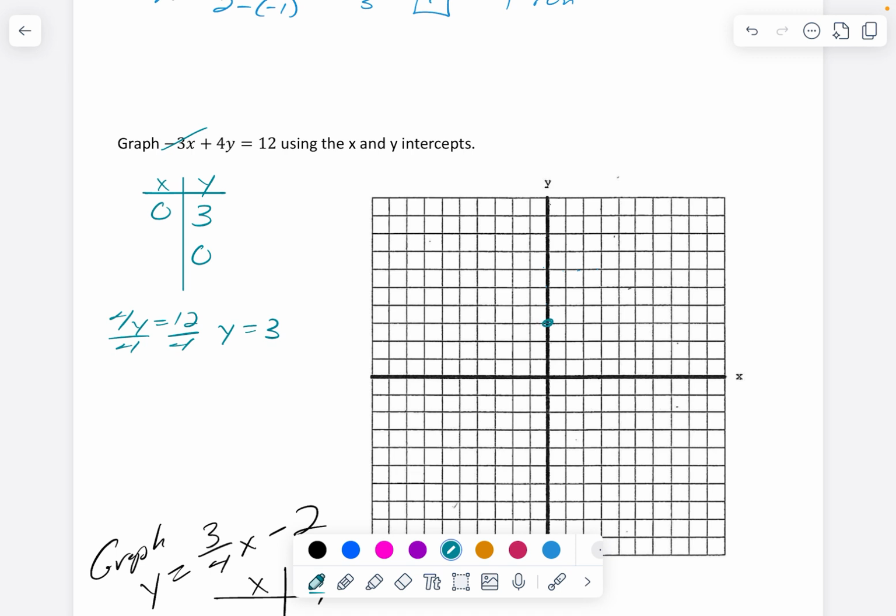So when x is 0, y is 3, right there. And when y is 0, we're left with negative 3x equals 12. Dividing by negative 3, we get x equals negative 4. And so I'll write it here. X is negative 4. 1, 2, 3, 4, negative 4. And then we draw the line.